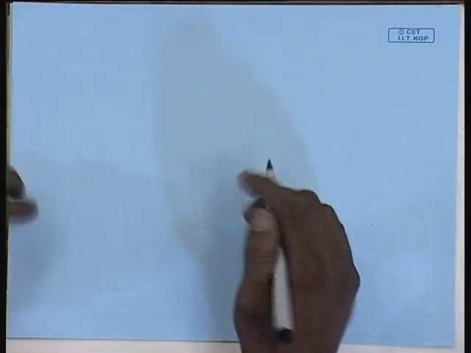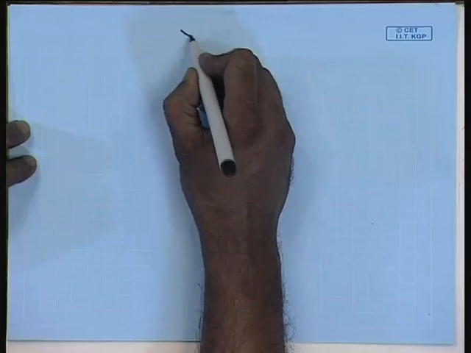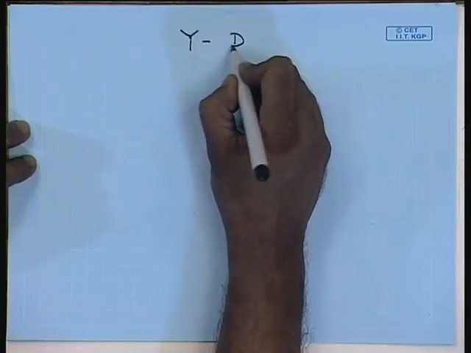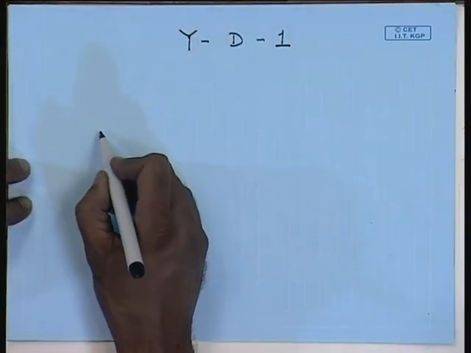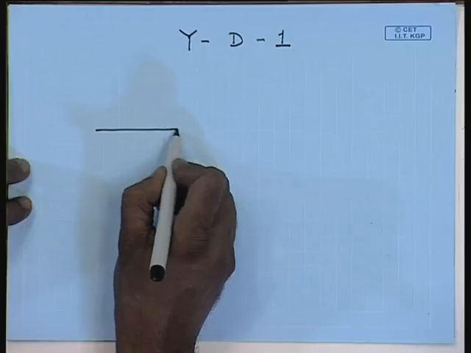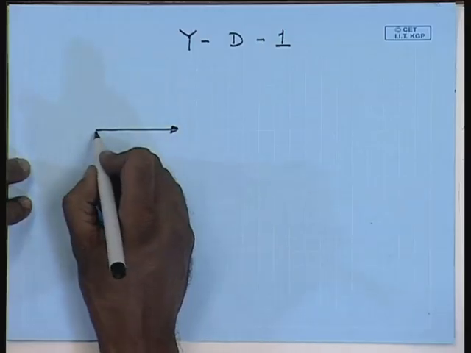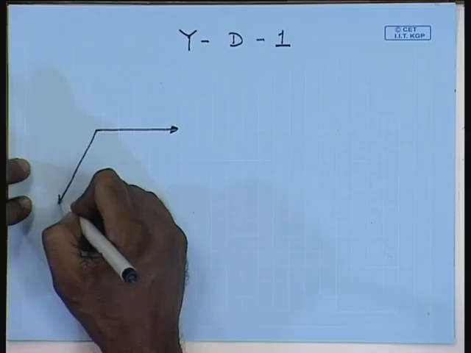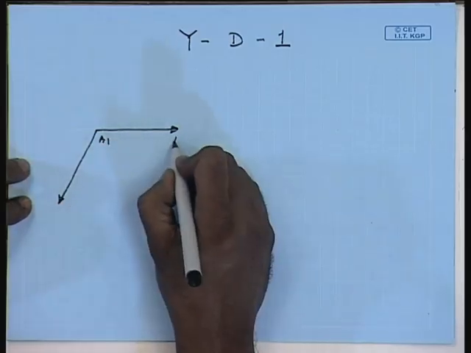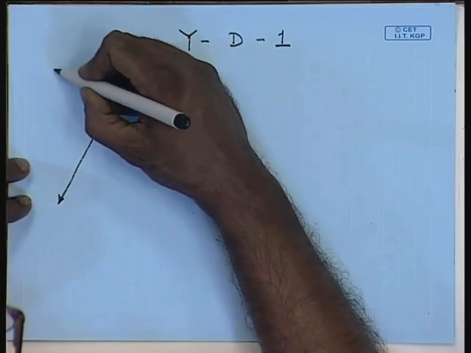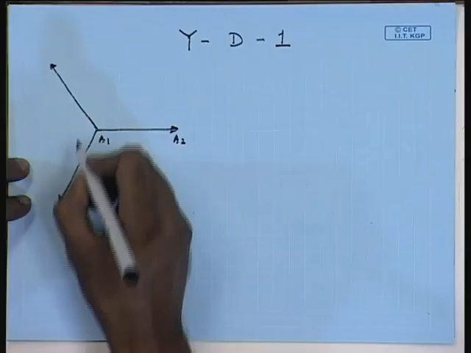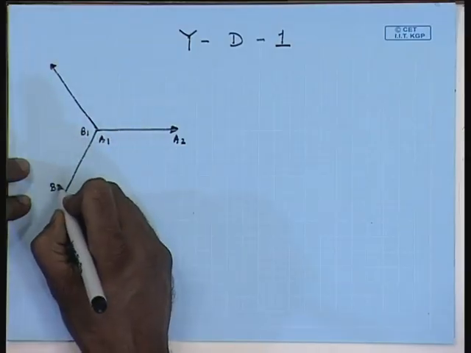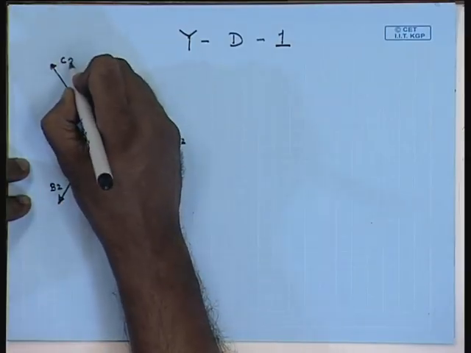Let us similarly look at Yd1. In Yd1, on the high voltage side, let us say this is A1, A2, this is B1, B2, this is C1, C2.